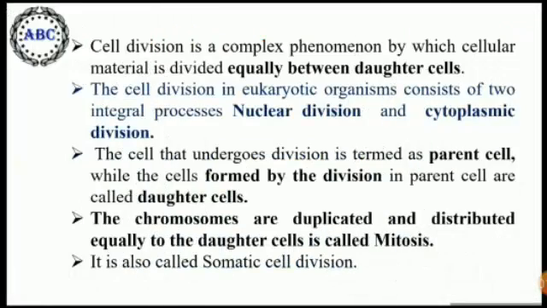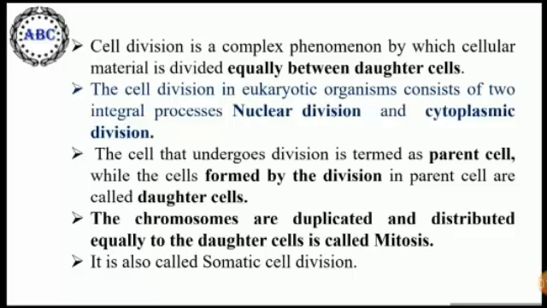So cell division is a complex phenomenon by which cellular material is divided equally between daughter cells. The cell division in eukaryotic organisms consists of two integral processes, nuclear division and cytoplasmic division. Nuclear division is called karyokinesis and cytoplasmic division is called cytokinesis.